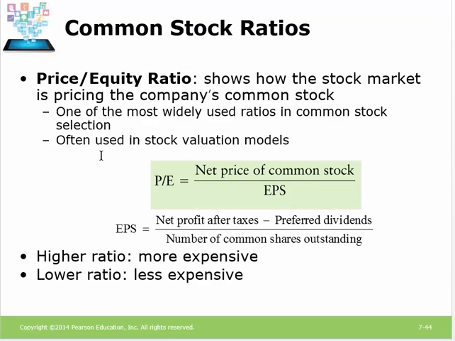There are some common stock ratios that we want to talk about, and we've talked about these in some other classes. So you may need to go out on the internet, go to YouTube, maybe get some better descriptions of what the PE ratio is. But this price earnings ratio is just market price divided by earnings per share. It's a very commonly used ratio. It's used frequently in stock valuation models. We'll talk about that in the next chapter.